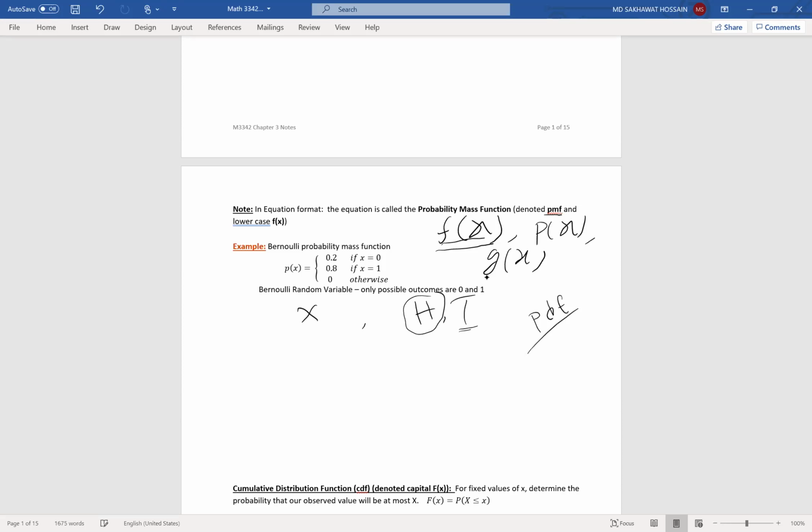And if we consider tail as failure, then the value will be 0. We already discussed how we assign values to different outcomes for the random variable. So for the Bernoulli case, the random variable has only two possible values, either 0 or 1.